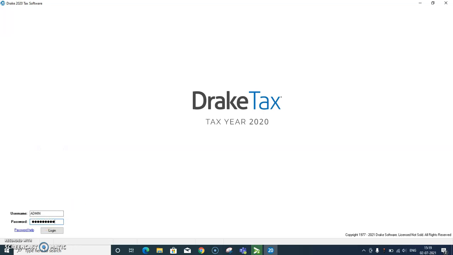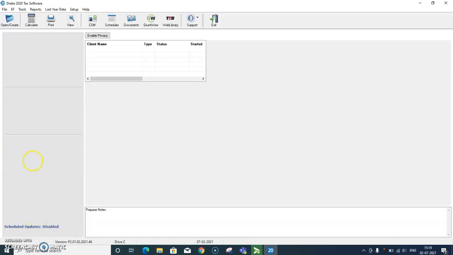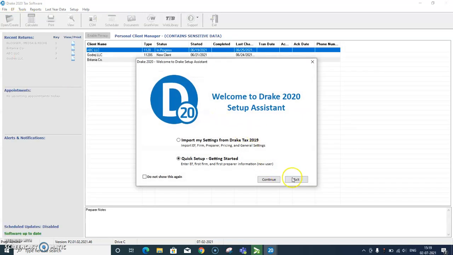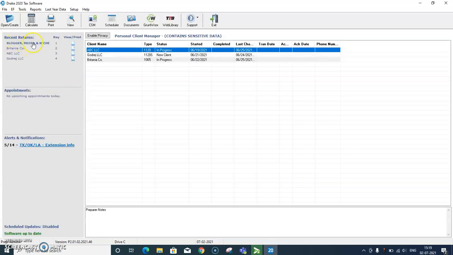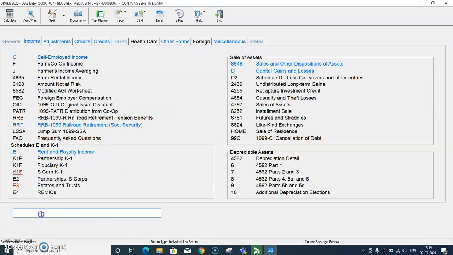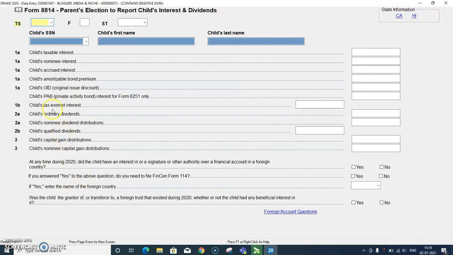Let's log into Drake first. This is Drake software and we are looking for Form 8814. Guys, you can see Form 8814, parent's election to report child's interest and dividends.